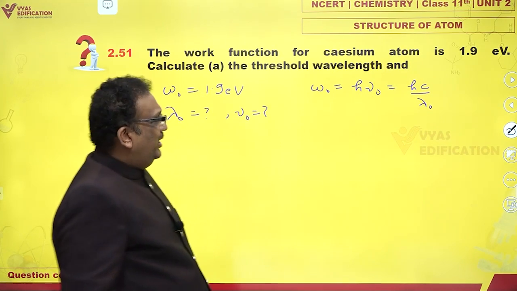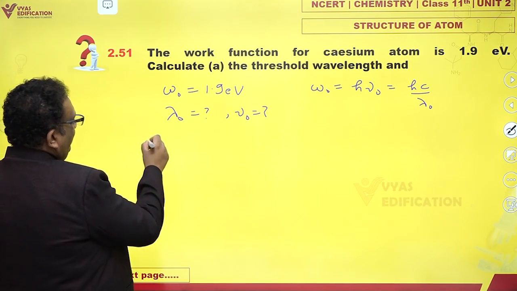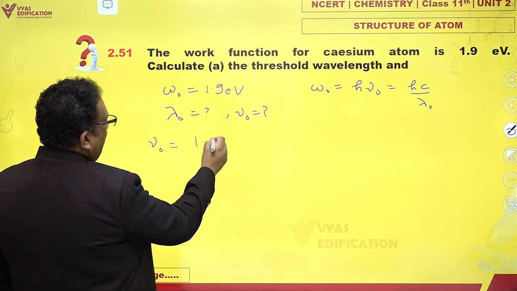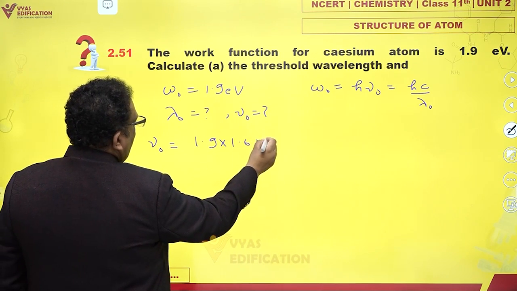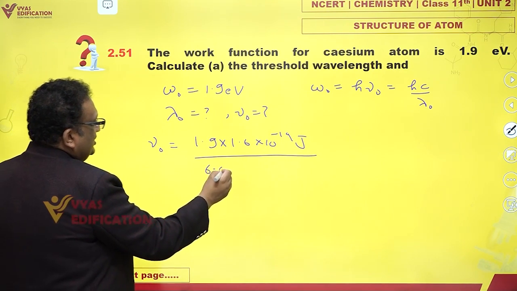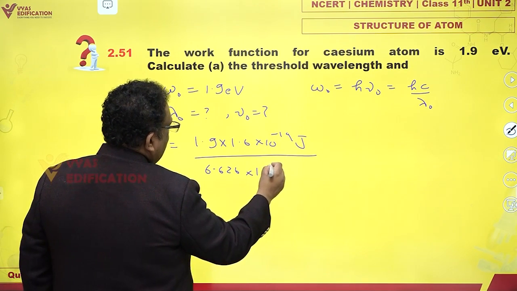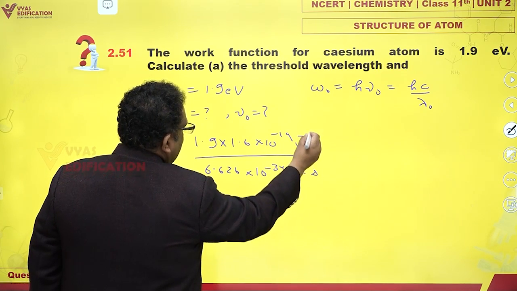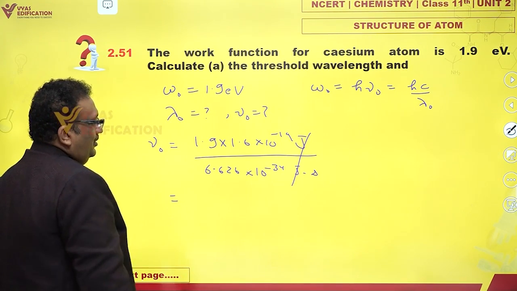You can do whatever you like. I think I'll start with frequency. Threshold frequency is 1.9 electron volts, and 1 electron volt is so many joules, divided by h, 6.626 × 10^-34 joule second.